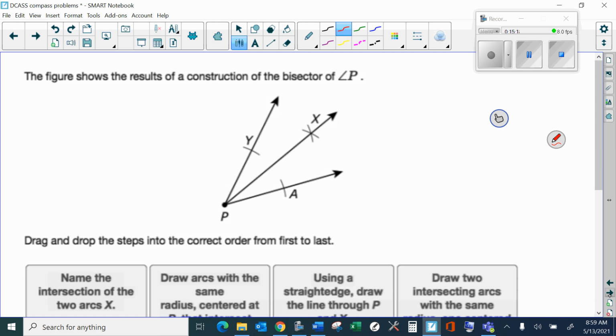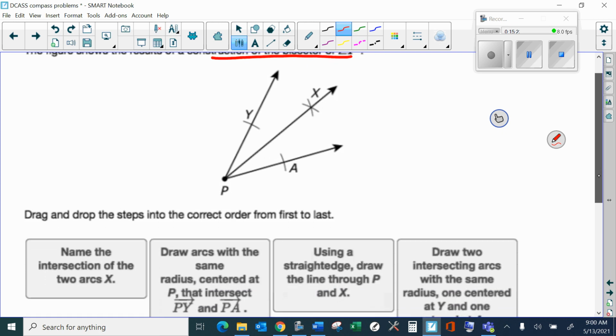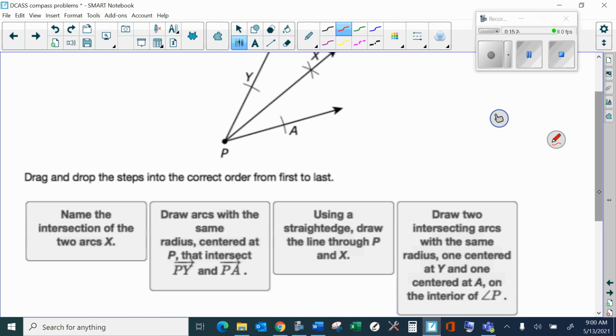All right, here we have a perpendicular angle bisector again. Another way that you could see it is just drag and drop the steps in the correct order. Draw arcs with the same radius centered at P that intersect PY. So that's step one. Using a straightedge, draw arcs.